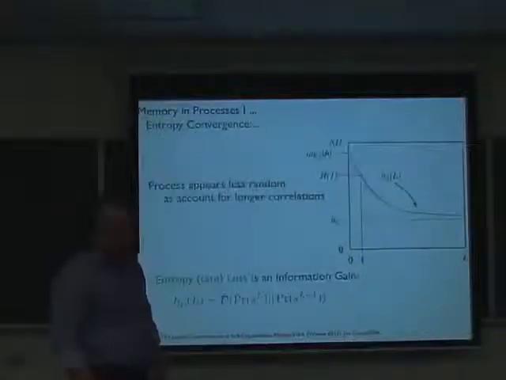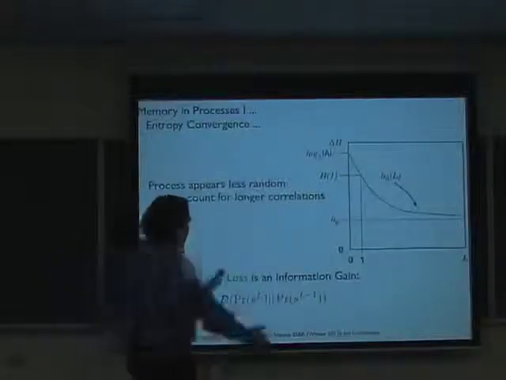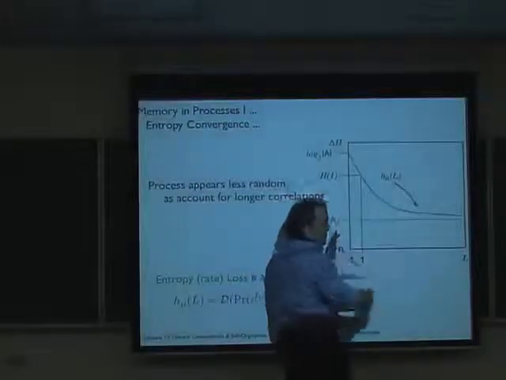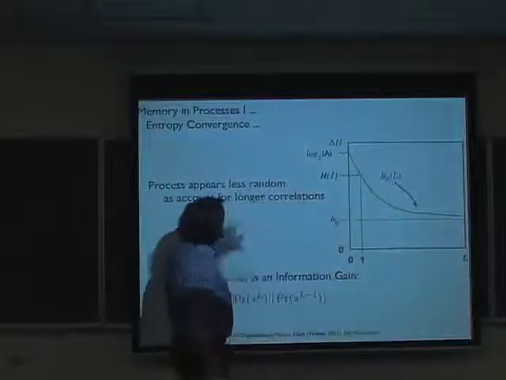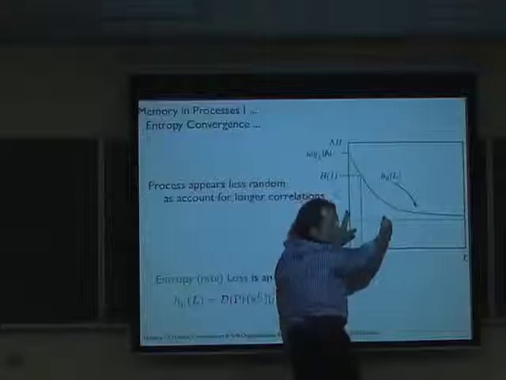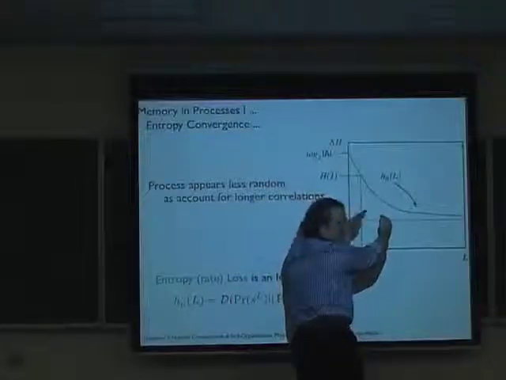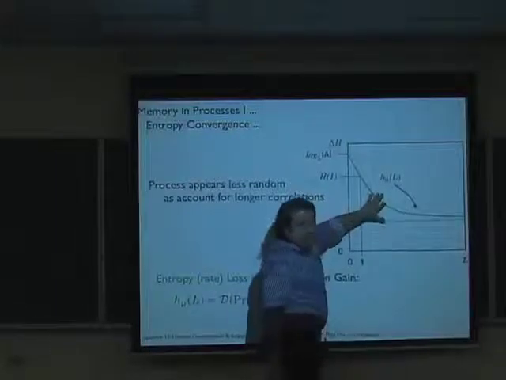The way to think about this, the mnemonic for this entropy convergence picture, is that you imagine you're looking at it. You don't know what this asymptotic L is, but you're looking at finite L. If you look at the process with too short a word length, your 2-point slope estimate of the entropy rate, how random the process is, is above the true randomness.